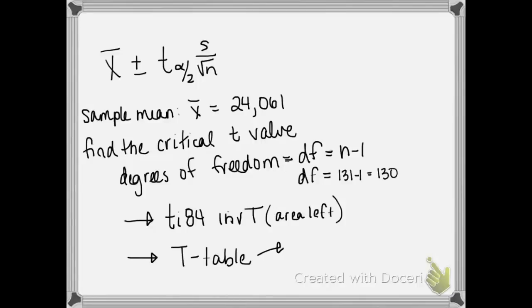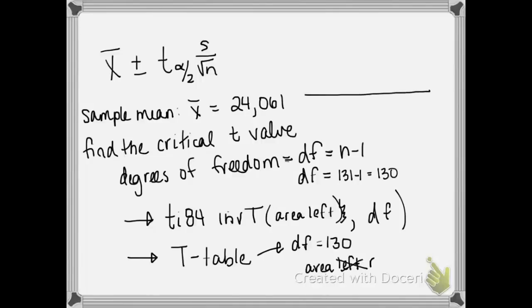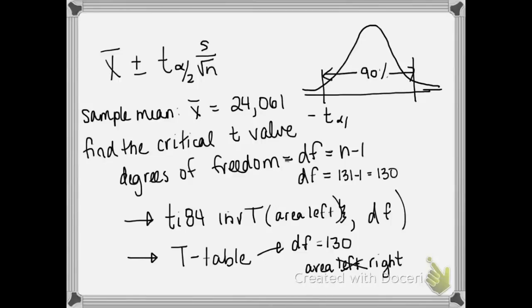On the TI-84, to find the critical t value, you need not just the area left, but also the degrees of freedom. So you do inverse t, area left, degrees of freedom. For your t-table, you need degrees of freedom, and instead of area left, we're going to need area right. But that's no problem.